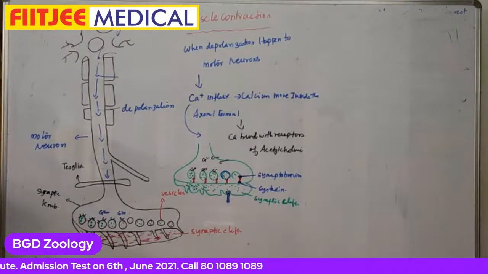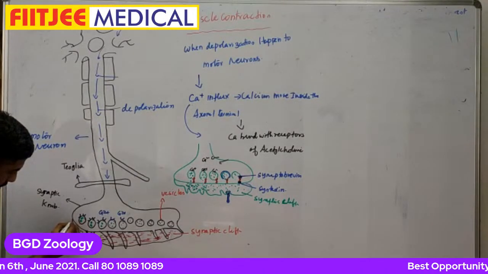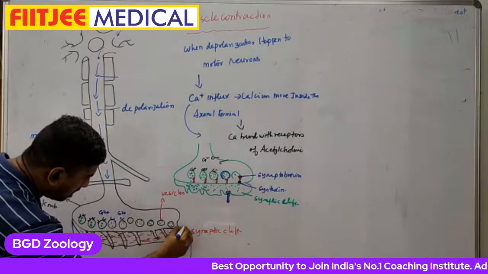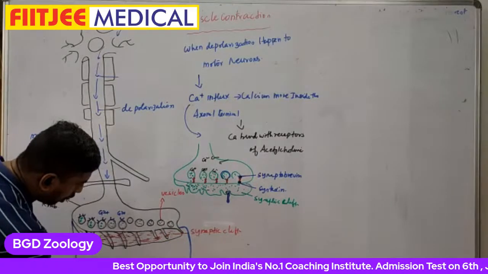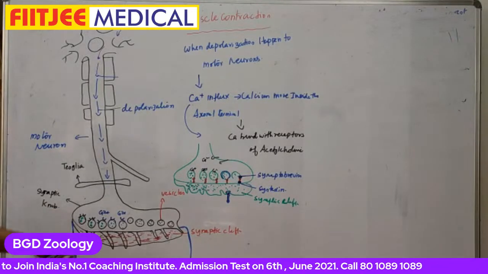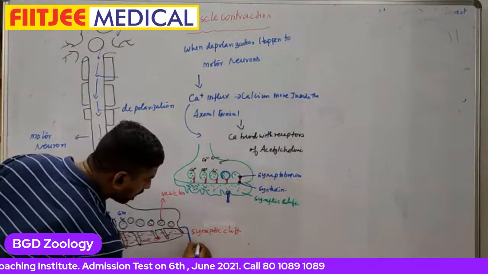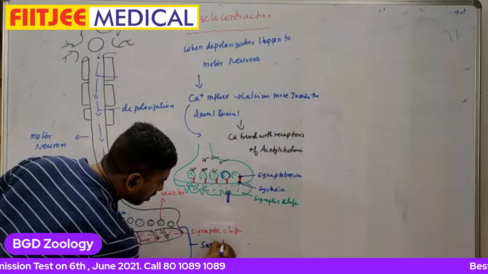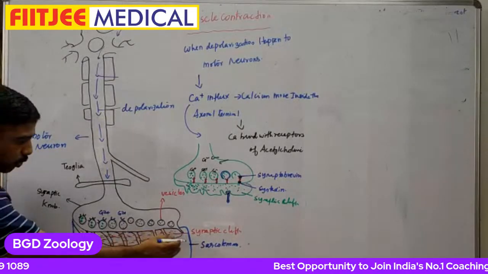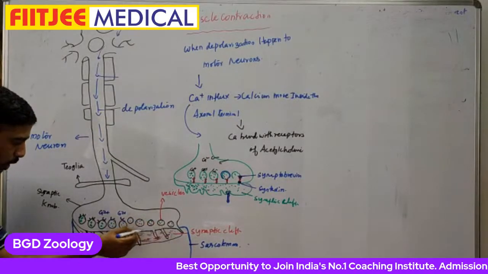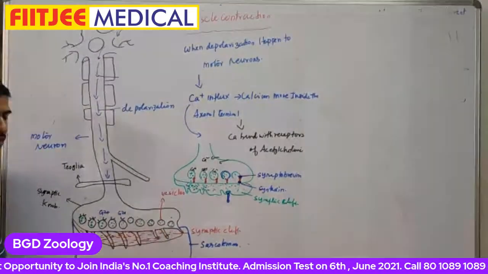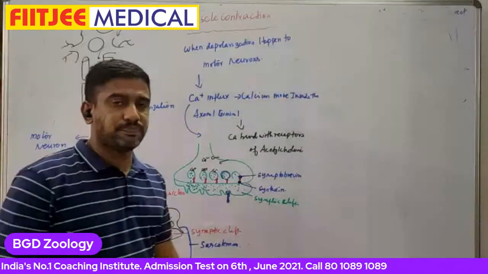So listen. In the next thing, you have to understand the muscles also will be joined with this neuron. Actually, which part of the muscle will be joined? The sarcolemma part. Clear? Because sarcolemma is a membrane, and this is also another membrane, so these two membranes will make a synapse there.